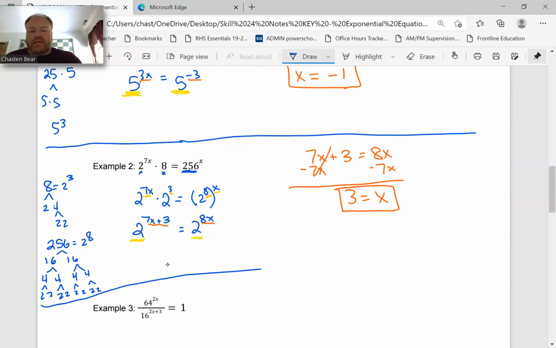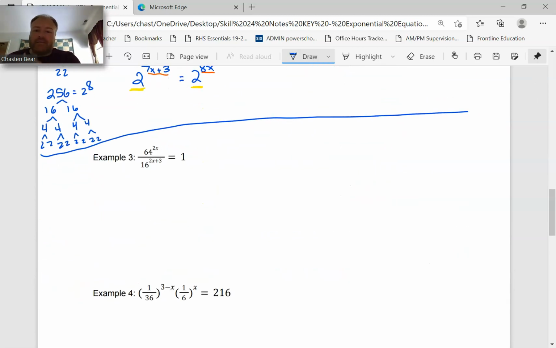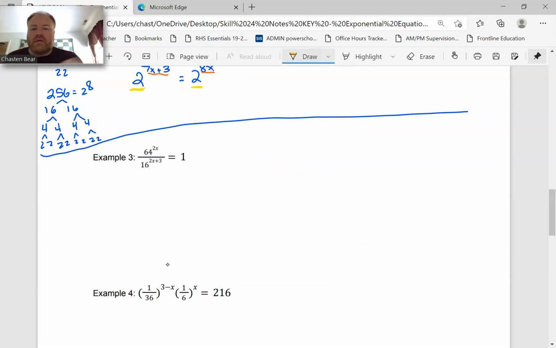Moving on to the next example. On the next example, we're going to see some quotient property happening. For 64 and 16, you actually are going to have a couple choices as to what base to use. I know that 64 is the same as 4 cubed, and 16 is the same as 4 squared. So I'm going to use a base of 4.